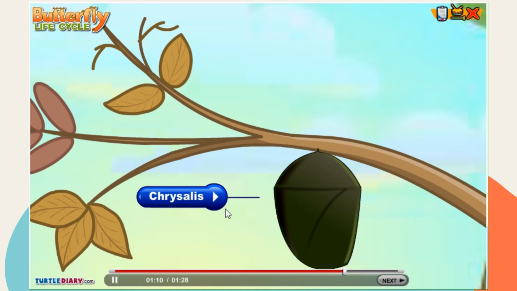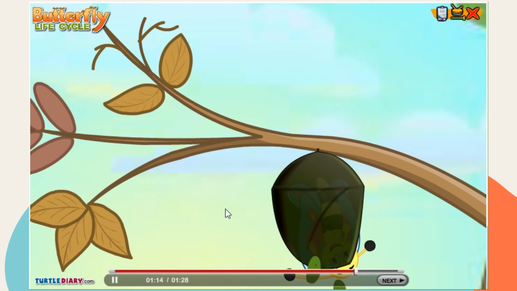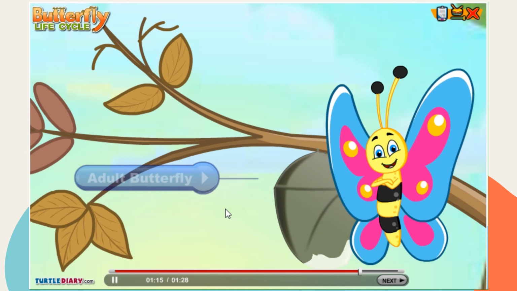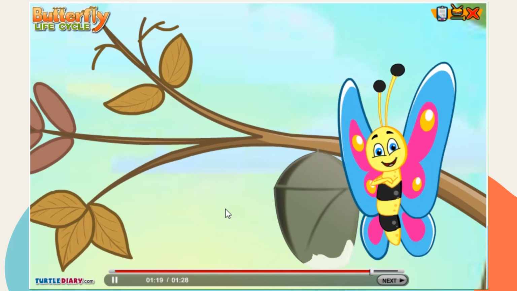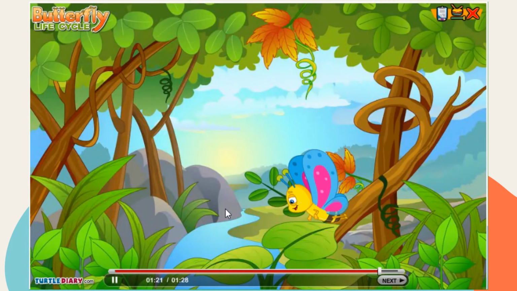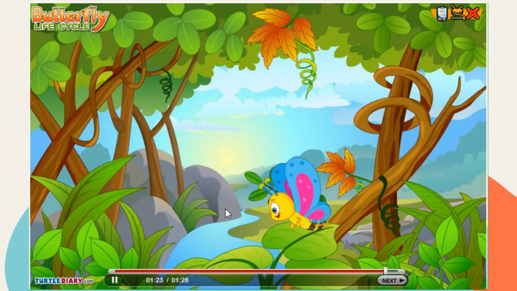After some time, the shell of the pupa breaks and an adult butterfly comes out. Adult butterflies become mature gradually. Female butterflies lay eggs after mating and the next generation is born. The life cycle starts again.